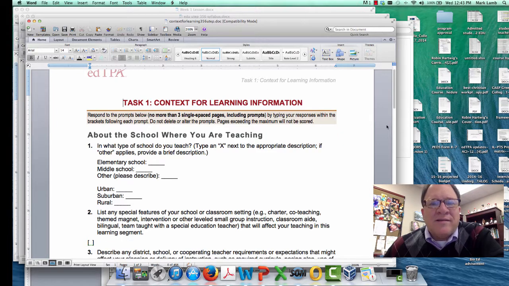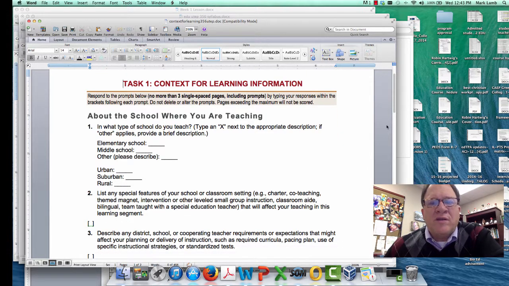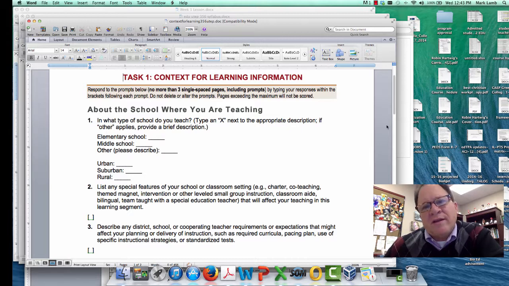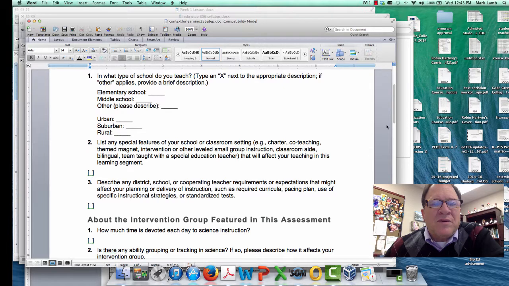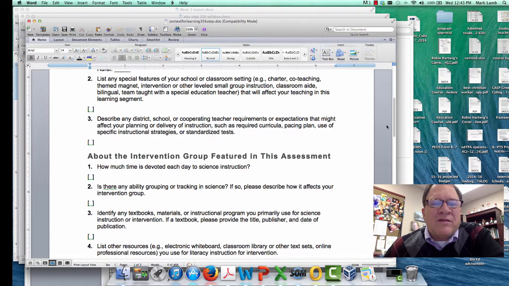So as you can see, this document really does what it says it does. It presents a context for the person reading your lesson plans, looking at your lessons. It gives them the context in which you are presenting those lessons. So it tells you the kind of school, special features that there might be, anything about the school district that's pertinent to your lessons or understanding the students in your classroom.